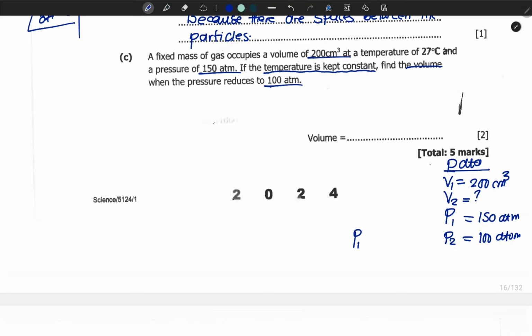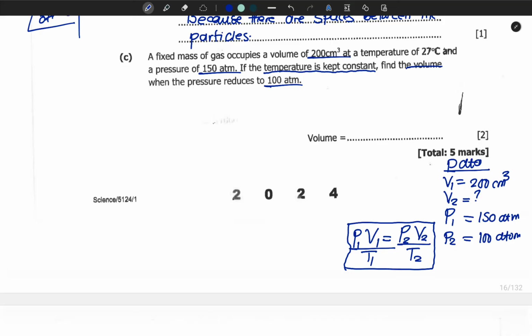So the formula is P1 times V1 over T1 is equal to P2 times V2 over T2. So with this formula, you can make any of the formulas that you are given under the gas laws. You can make Charles' law, Boyle's law, Lussac's law.